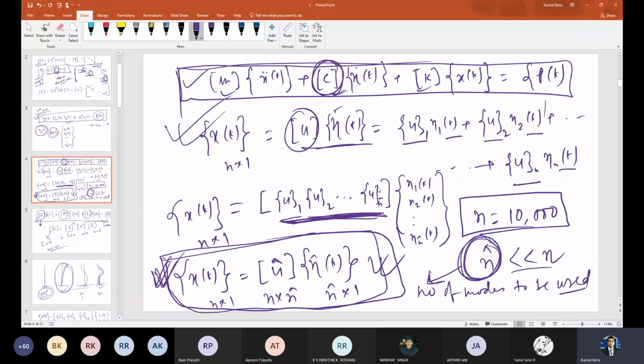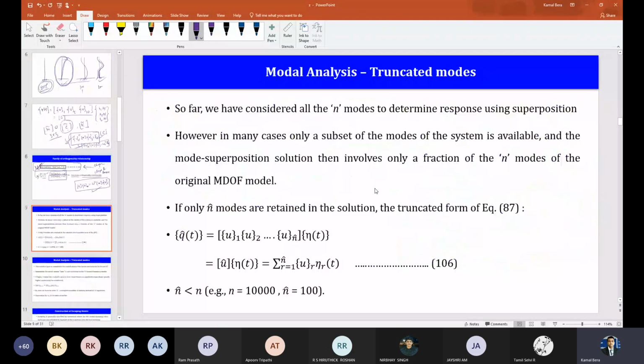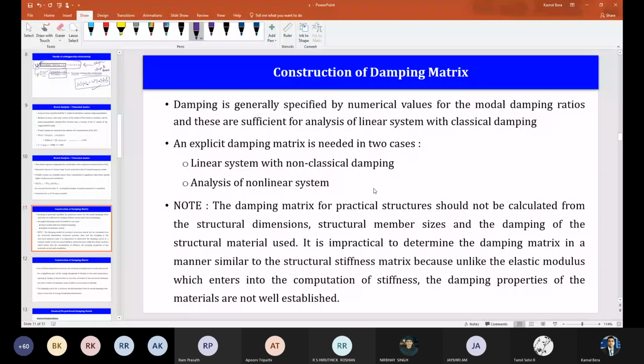So it is needed for a linear system with non-classical damping, or for analysis of a non-linear system. Why for a non-linear system can you not do this? You cannot do the U transpose, you cannot find the modal damping ratio in that form. Any idea?